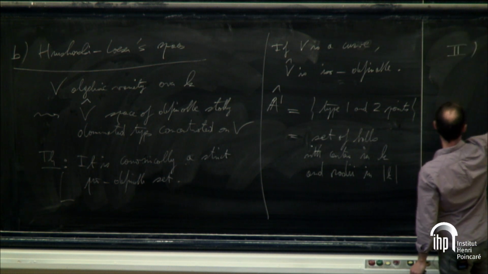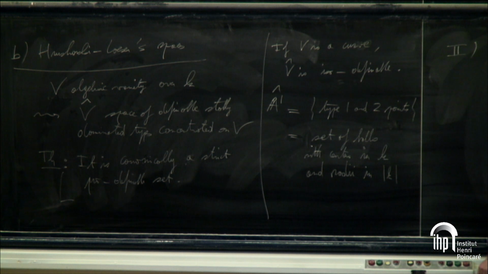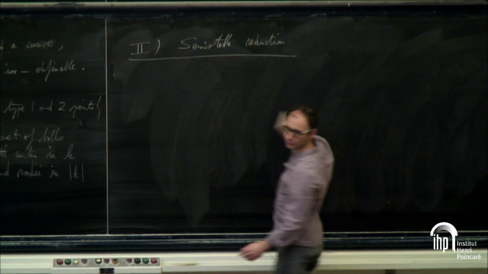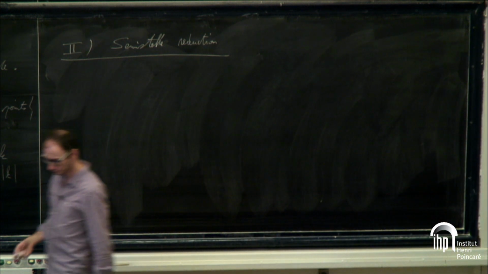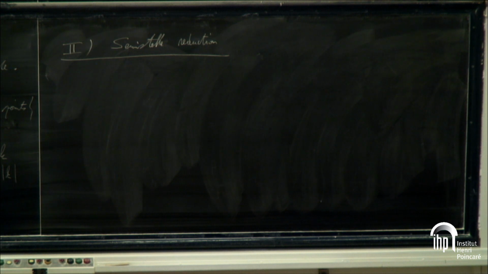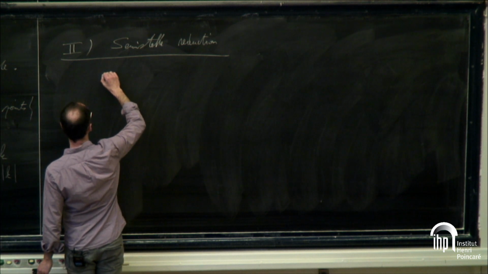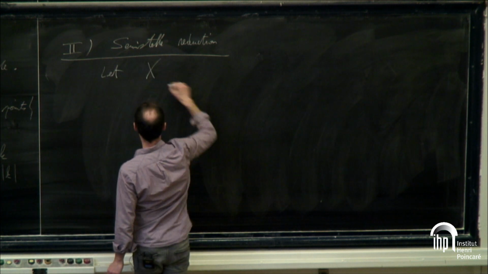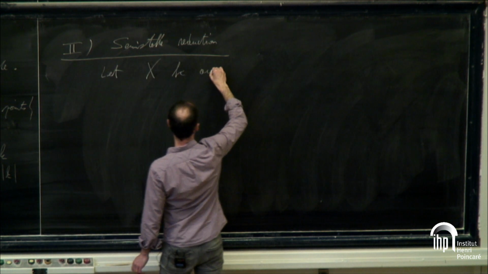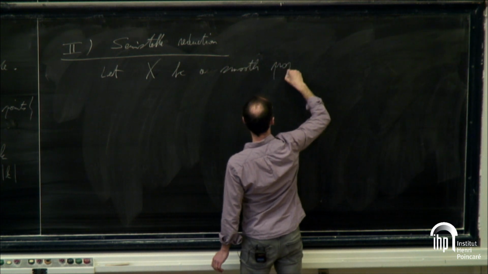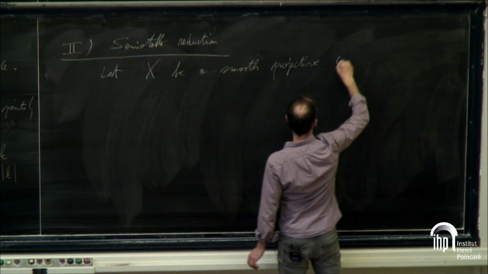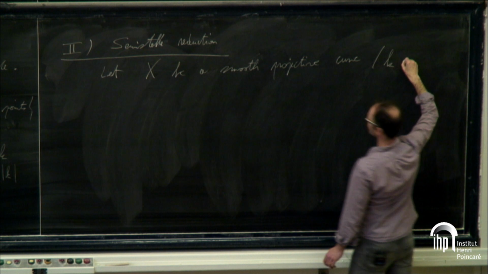Second, I would like to be a little more precise about semistable reduction, meaning being more precise about how we see Berkovich curves and how we think about their structure as analytic spaces in a geometric way. Semistable reduction. So let's first pick X, say a smooth projective curve over my base field.